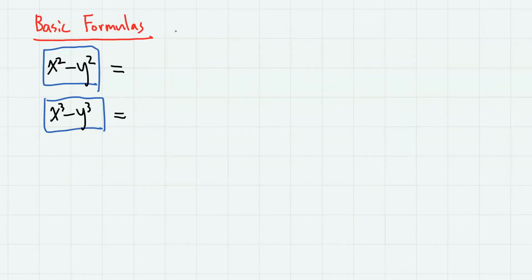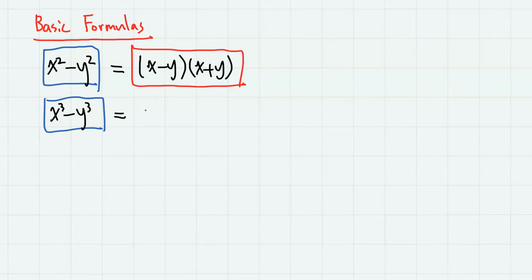The first two polynomials, x squared minus y squared and x cubed minus y cubed, are pretty easy because this is just the basic factorization formulas, which is x squared minus y squared is x minus y, x plus y, and x cubed minus y cubed is simply x minus y times x squared plus xy plus y squared.